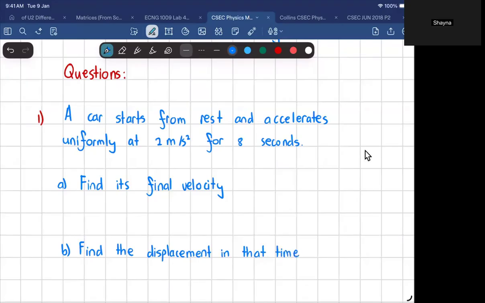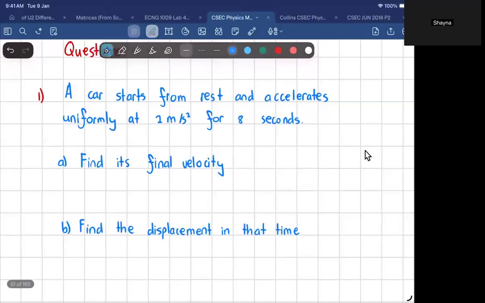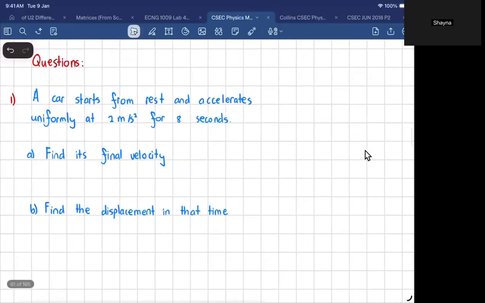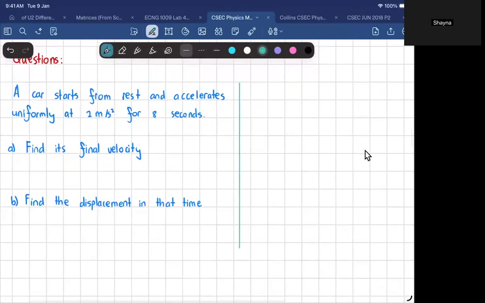All right, so Sheena, let me jump straight into it. Let's first analyze what the question is giving to us. When you read it, what can you see they're giving to us? Initial velocity, acceleration, time. Right?